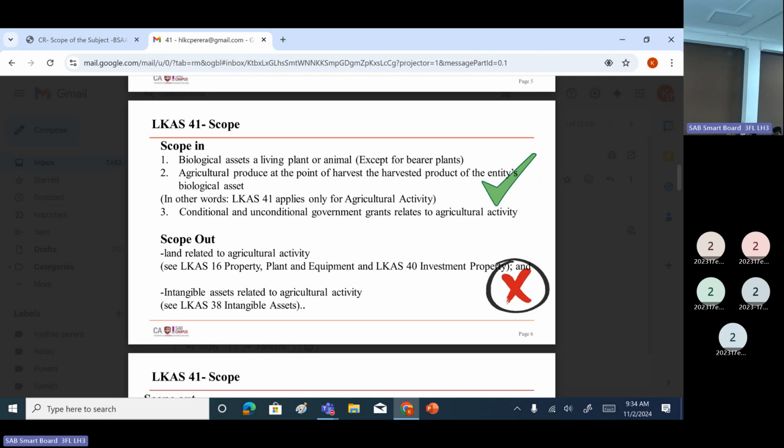Other infrastructure facilities and those supports, we can't consider as a benefit, right? That is scoped out. As a common benefit, it was given by the government to the general public. So then this difference will be discussed under LKS 20, government grants, government assistance, and other benefits.